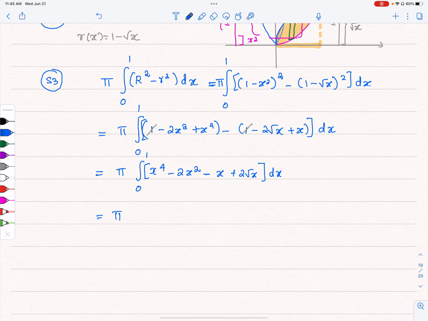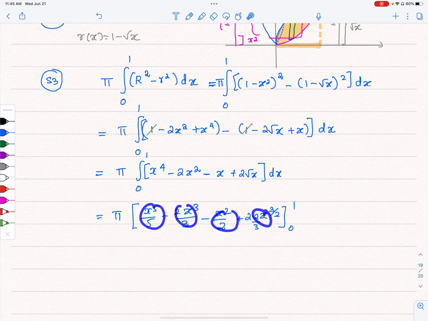Okay, now if I continue this furthermore, that's easy to integrate now. So it's going to be pi times x to the 5 over 5 minus 2 times x cubed over 3 minus x squared over 2 plus 2 times x to the 3/2 times 2/3, from 0 to 1. Of course, when I apply the lower limit, they all have x, so the lower limit is going to give you nothing, so we don't need to worry about it.